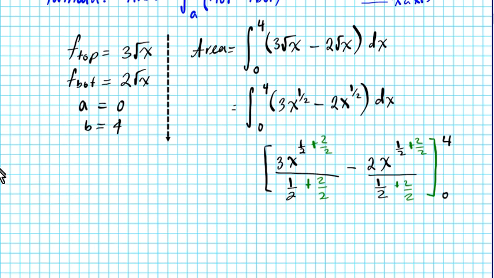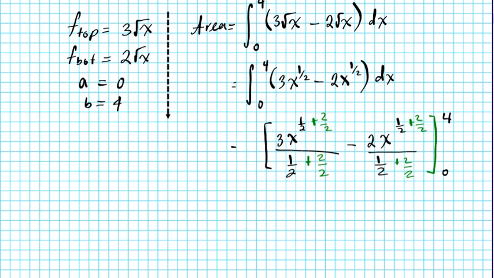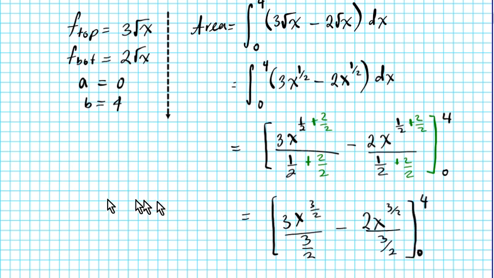Okay, so let's go ahead and simplify. If you combine that, you have 3 x to the 3 over 2 over 3 over 2, minus 2x to the 3 over 2 over 3 over 2. And then that's being evaluated from 0 to 4.